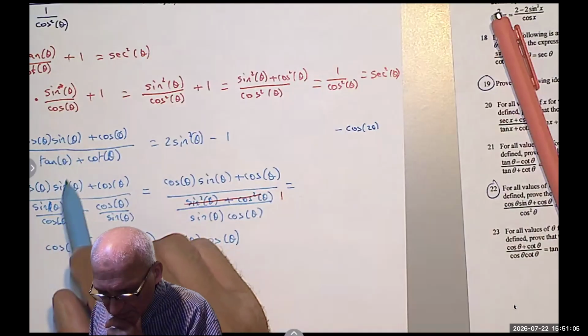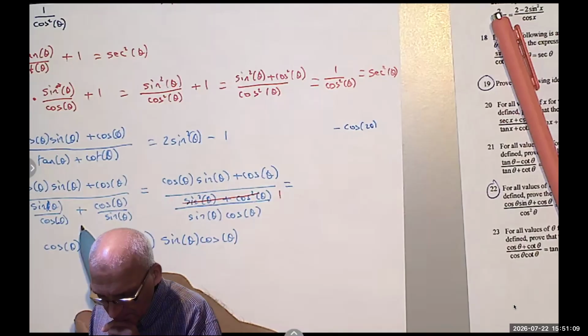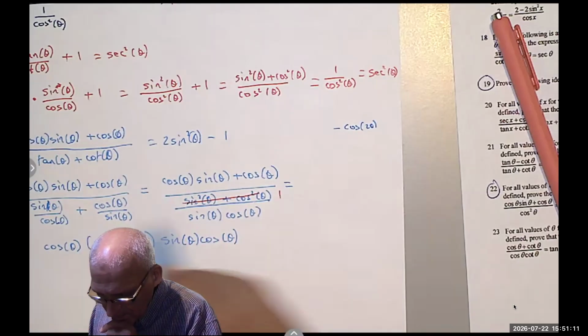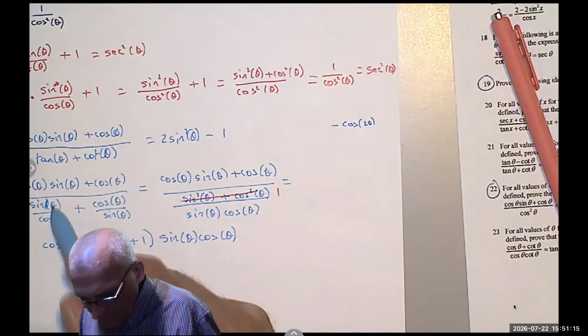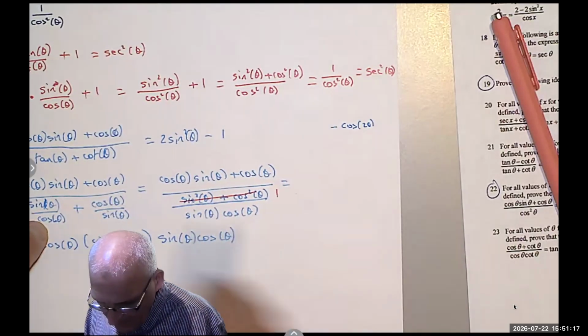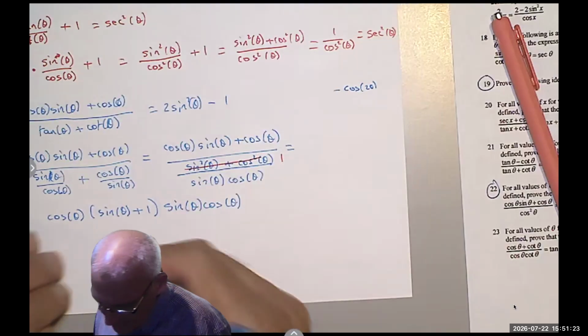Would have been easier, I think. And this is sine squared plus cosine squared, so you get 1. So, okay, how do we get this from that?